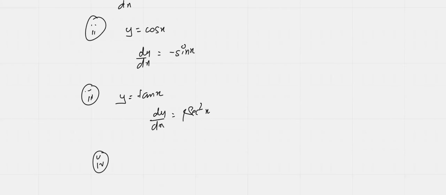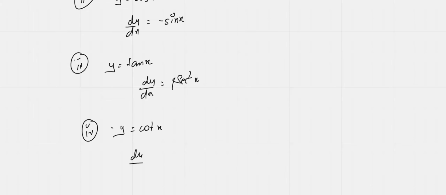Differentiation of cot x is minus cosecant square x. So you just have to remember which is negative and which is positive. I'll give you a hint.